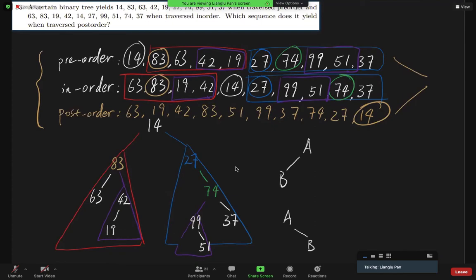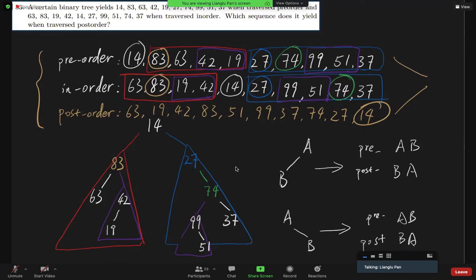Now for the first tree, pre-order traversal sequence gives us AB, post-order traversal sequence giving us BA. And for the second tree here, pre-order traversal sequence gives us AB, and post-order traversal sequence gives us BA. Clearly, these 2 trees are different, but they're giving the same pre-order and post-order traversal sequences.